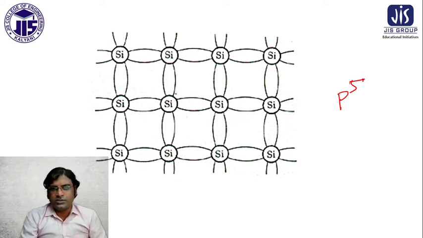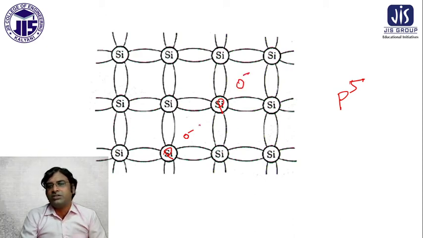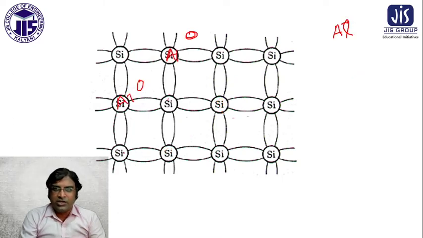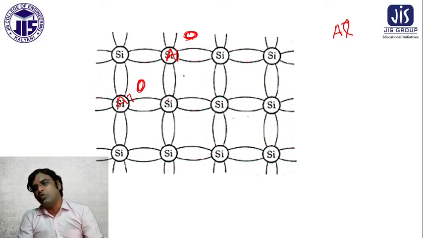When I dope by the pentavalent, one electron is generated, another electron is generated. In the previous case, for the aluminum, two holes are generated.